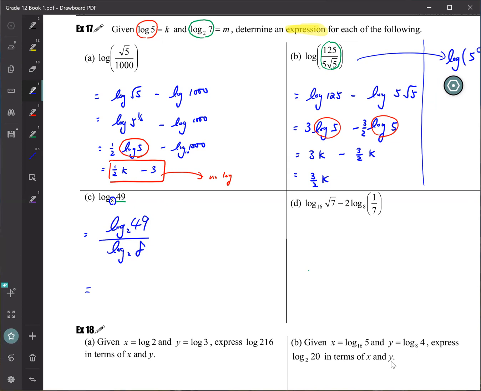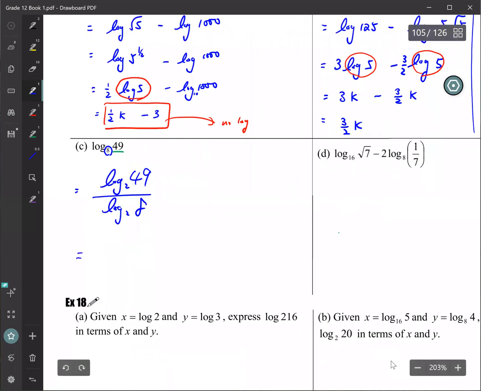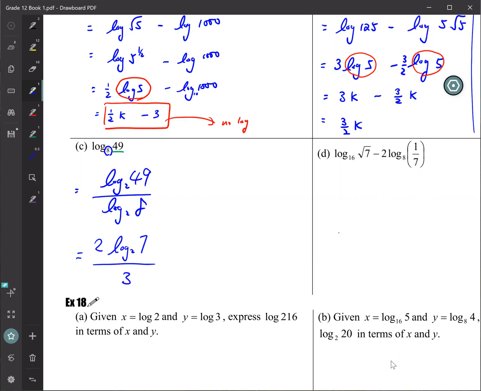Okay, so Elaine, can you tell us what's your next step from here? You make the top equal to 2 log base 2 of 7. Okay, and denominator? 3. Okay, very good. 49, you can write it as 7 squared.